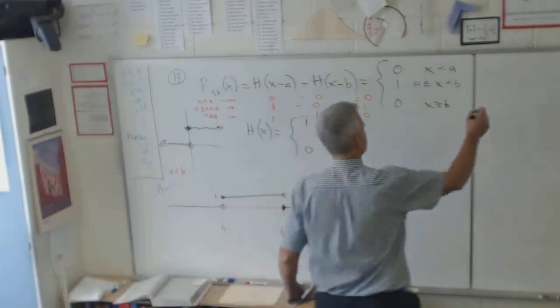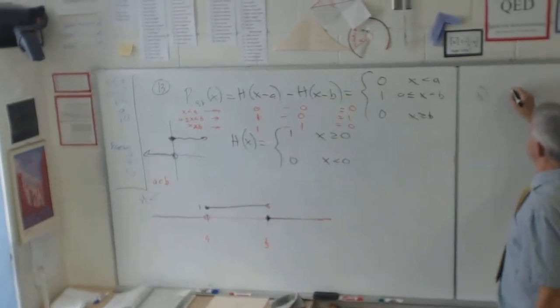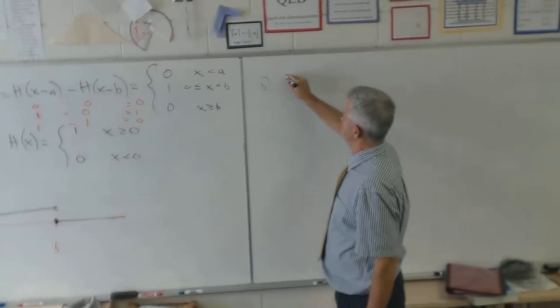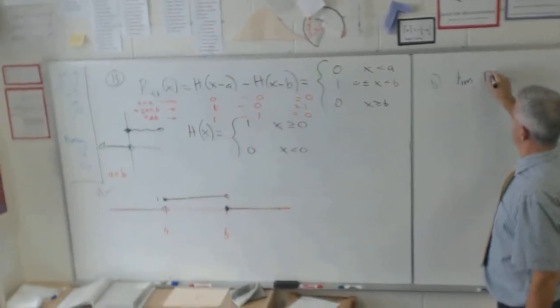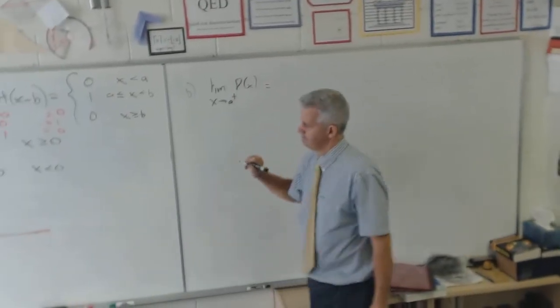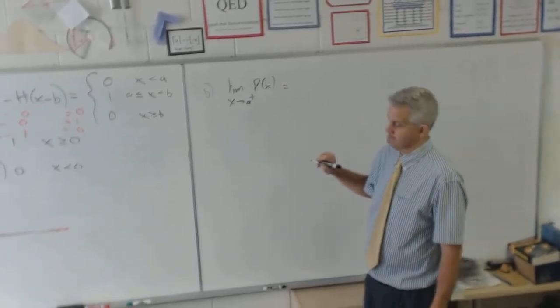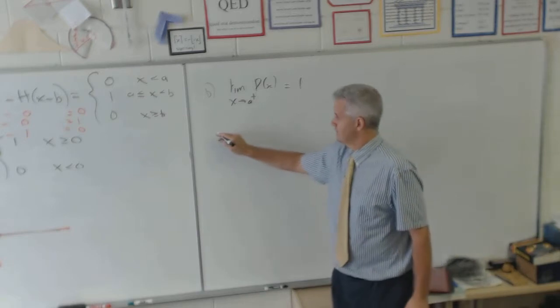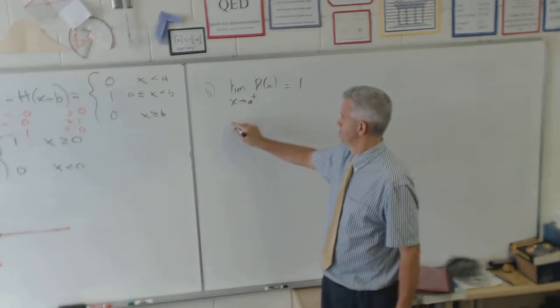Part B, find the following limits. Okay, first one. Limit of p of x as x pushes a from the right. What's the answer? 1. Okay, keep going. Next one.